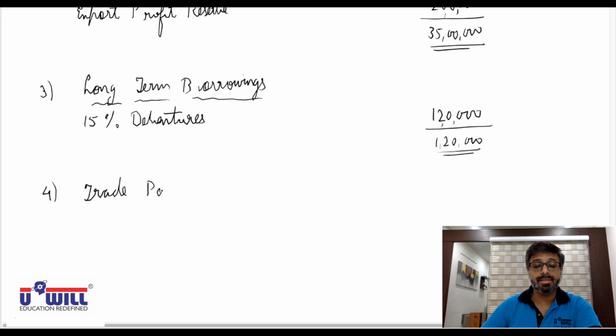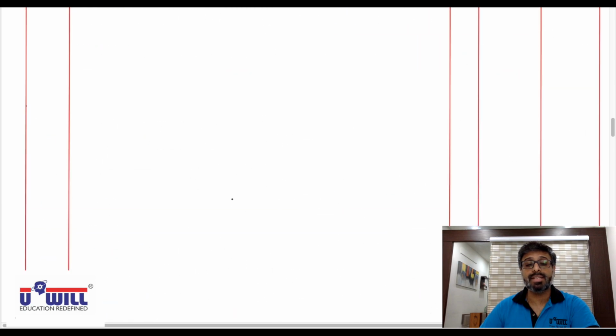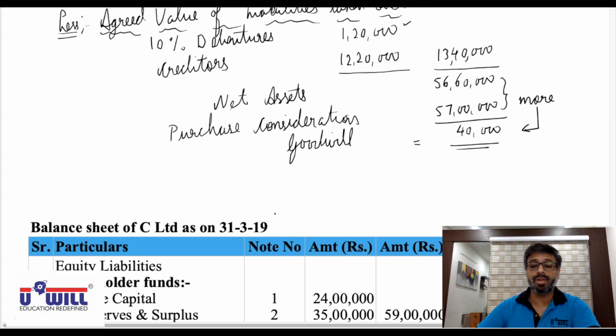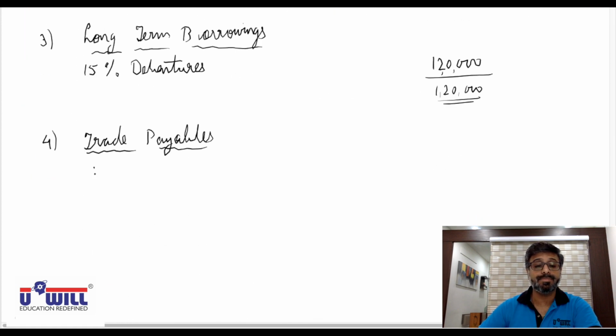Now in current liabilities we have trade payables, that is creditors. So in the journal entry all of you can see creditors are what amount? Creditors are 12,20,000. Okay, so creditors 12,20,000.